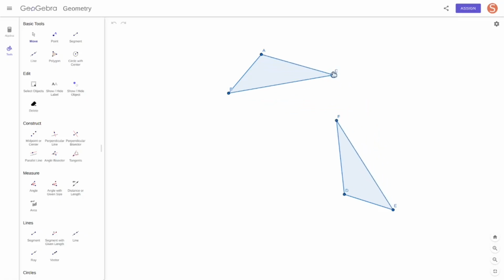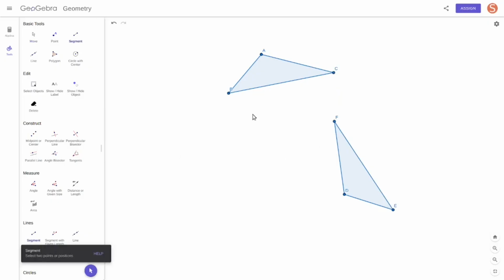I get these 2 triangles. And the first step of the argument is we find the first 2 points that we want to smack one on top of the other. So here I have A and I have D that I want to smack on top of each other.